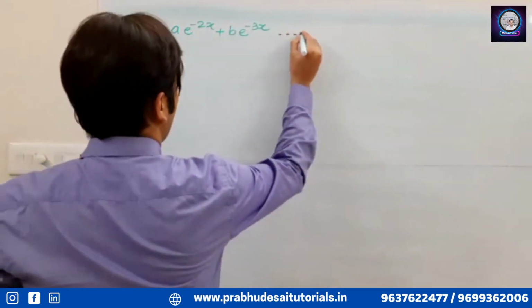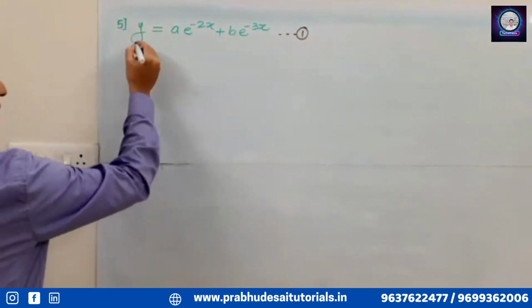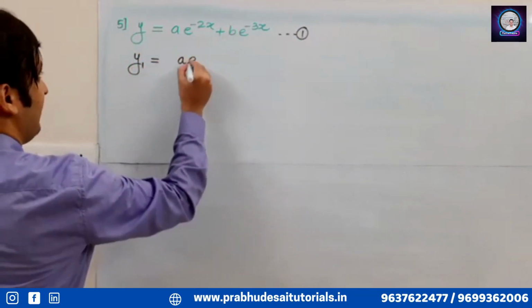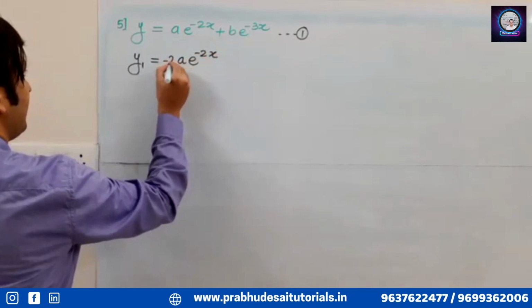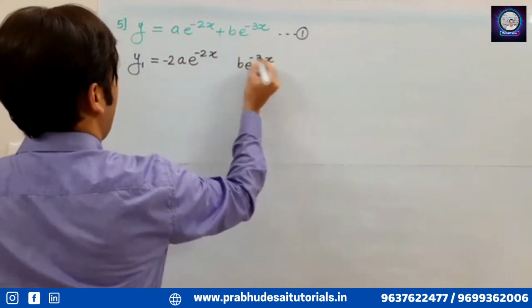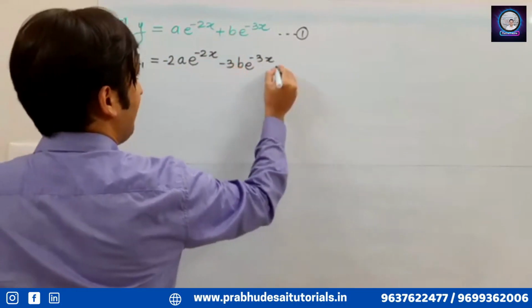I will call this number 1 and I am going to find the first derivative y1. y1 will be a as it is, derivative of e raised to minus 2x is e raised to minus 2x into minus 2. b as it is, e raised to minus 3x is e raised to minus 3x into minus 3. I will call this number 2.